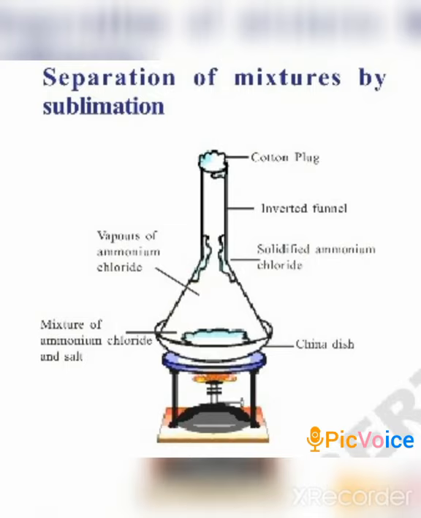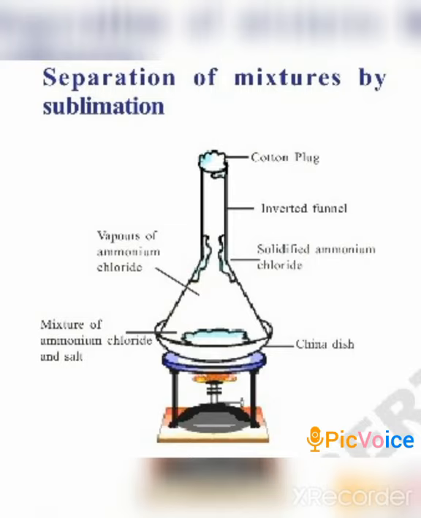Now keep the china dish on the stand of the stove and heat for some time. You will generally find vapors of ammonium chloride, and after some time the ammonium chloride will solidify, and you can observe this on the walls of the funnel.